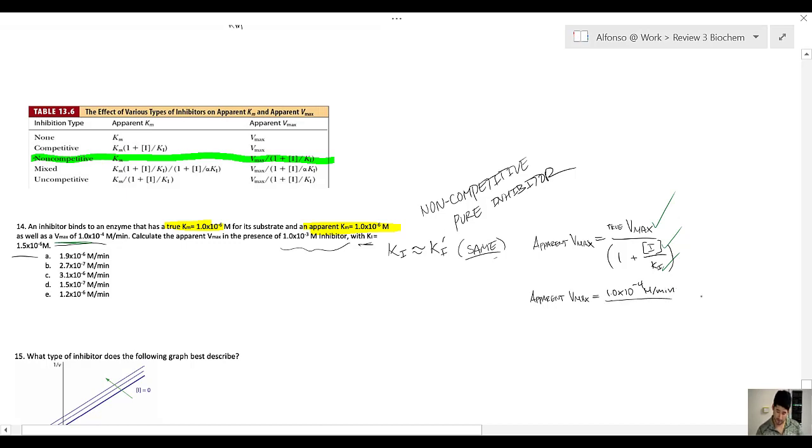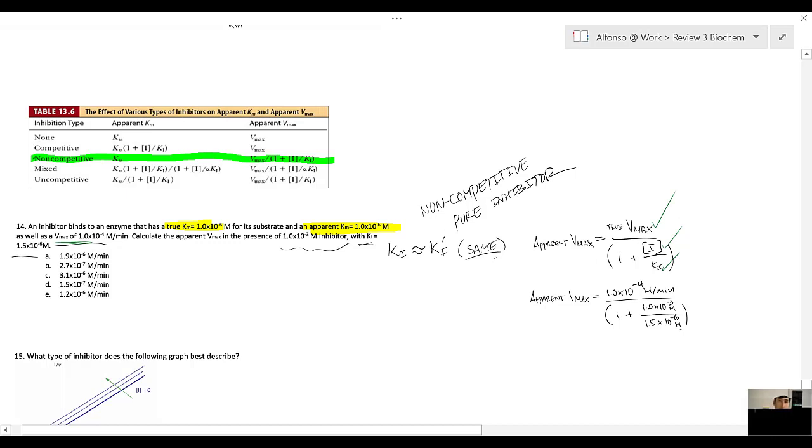Always write your units. Trust me, one day you'll thank me. Over 1 plus the inhibitor concentration, which is 1.0 times 10 to the negative 3rd molar, over 1.5 times 10 to the negative 6th molar.